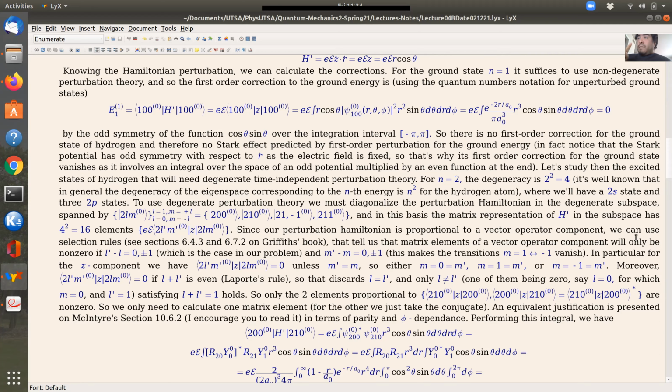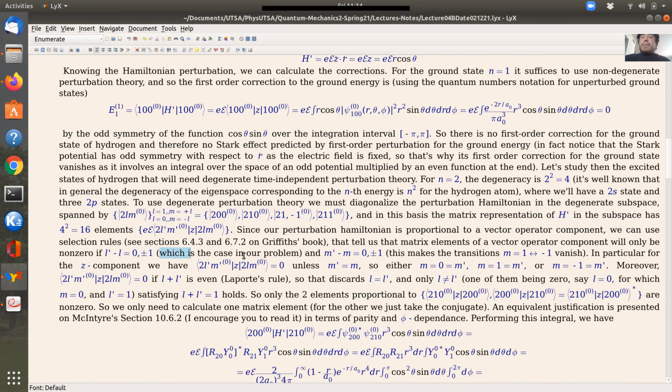I haven't said which component, but we know that it's a component of a vector operator. So the matrix elements of a vector operator component will only be non-zero if this condition holds, which means that L prime minus L is either 0 or plus minus 1, where L prime and L are basically the angular momentum numbers for the two states that I'm considering.